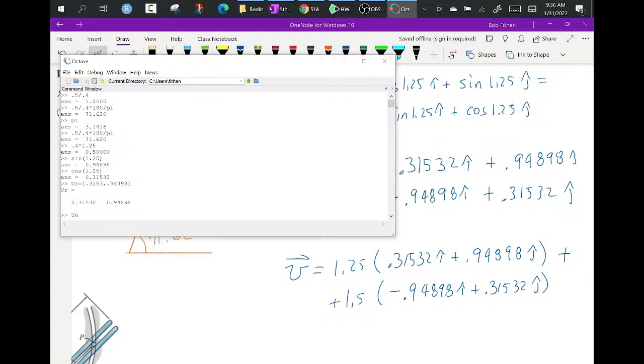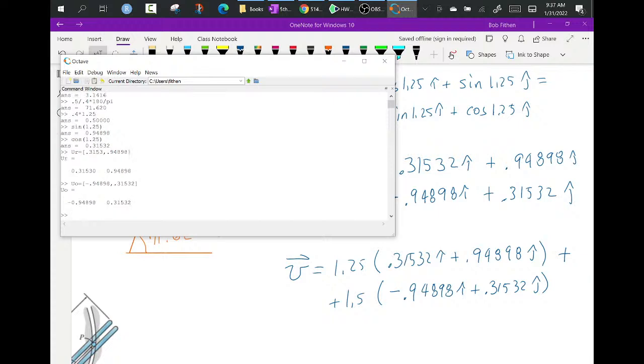U theta is minus 0.94898, comma, 0.3153. Uh-oh, I messed up the other one. 0.3153, and I could have put a 2.